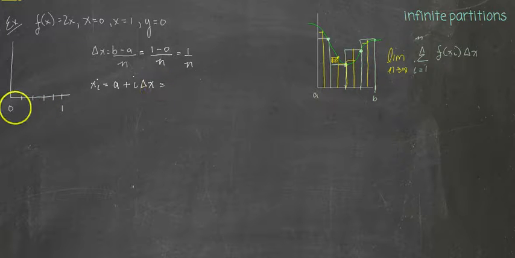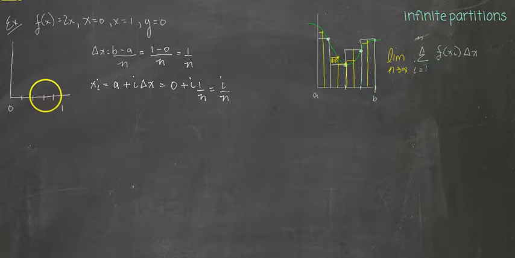In this specific case, we're looking at a equals 0 plus i times delta x, which is 1 over n, or simplified, i over n. And that fits in our 1/5 example. The first iteration, i is 1, so 1/5. The second iteration, i is 2, so 2/5. The third iteration, i is 3, so 3/5.